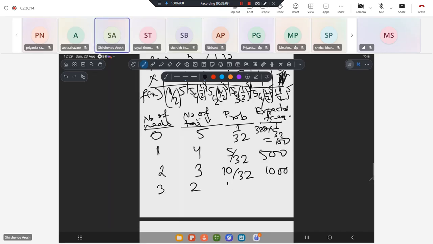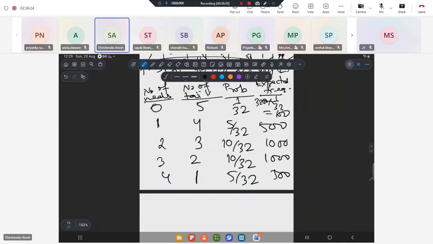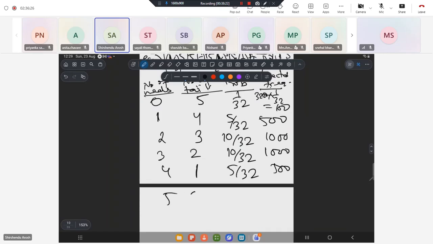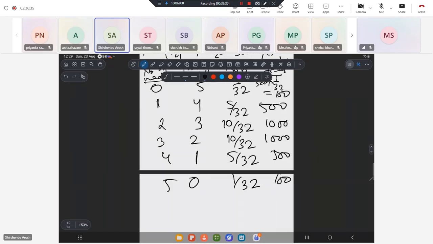Same 10 by 32, 1,000. 4 and 1: 5 by 32, 500. Eventually 5 and 0, 100. This is what the distribution would look like in terms of the number of heads or the number of tails.